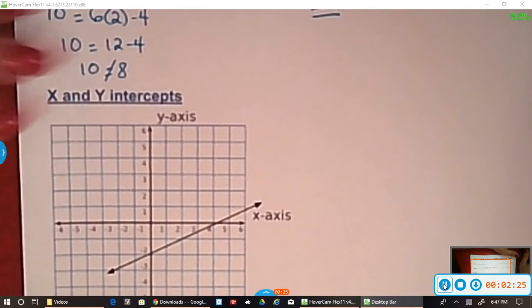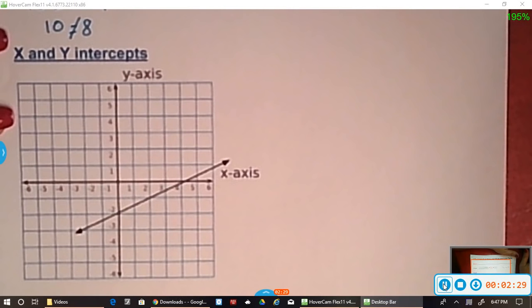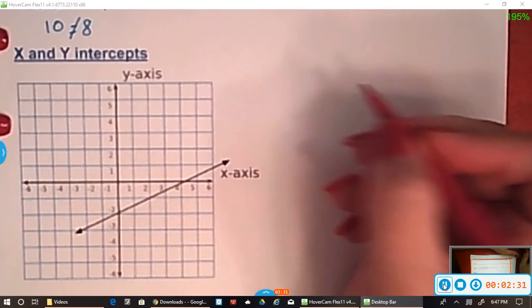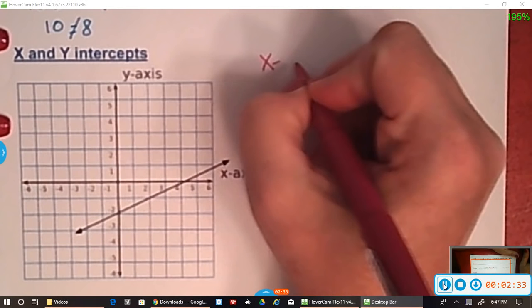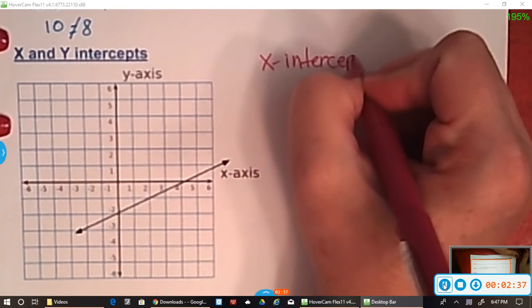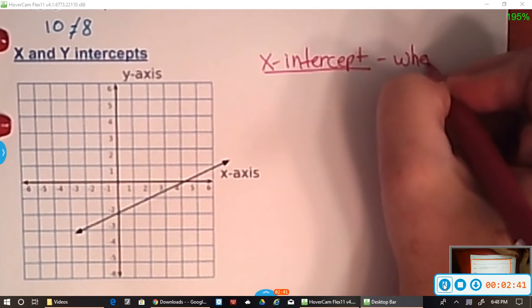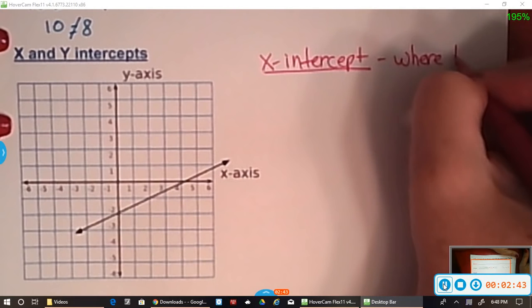Okay, so x and y intercepts. Well, your x and y intercepts are exactly what they sound like. Your x-intercept, that is where the graph crosses the x-axis.